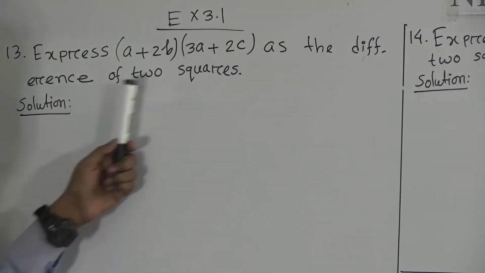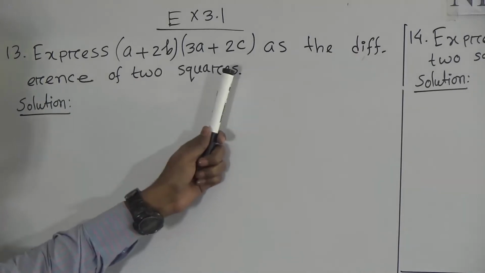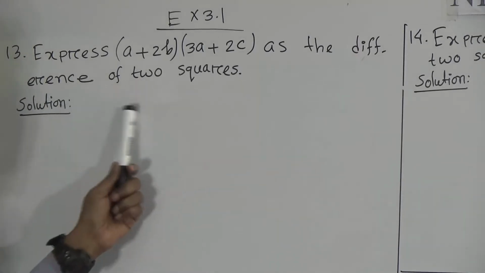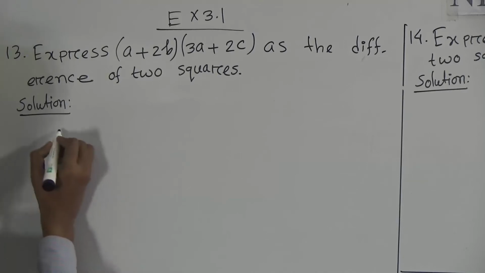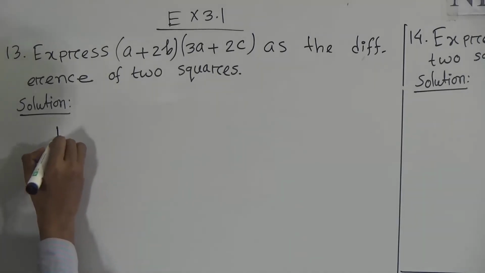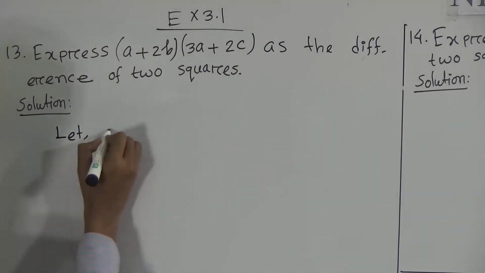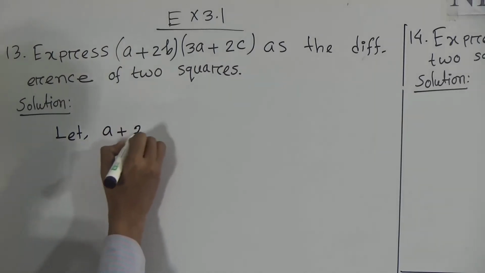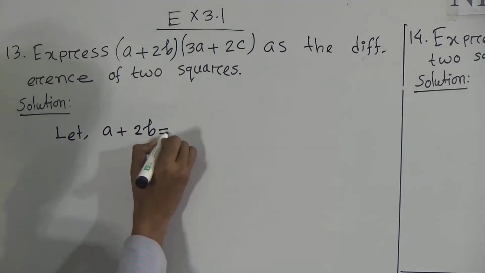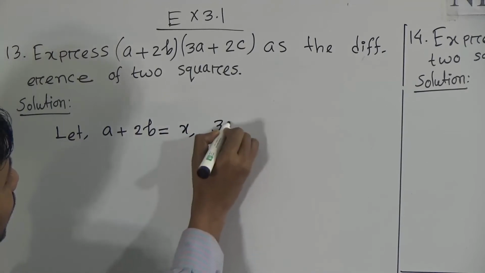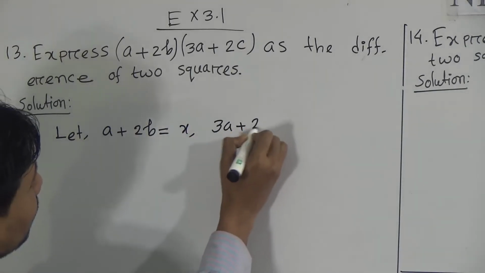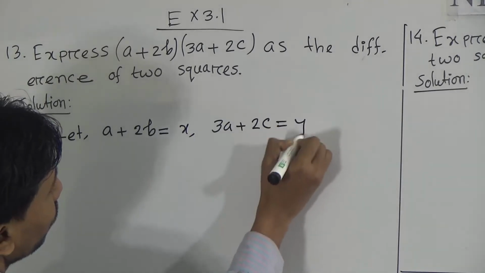Express (a plus 2b)(3a plus 2c) as the difference of two squares. Look, at first you write, let a plus 2b equal to x, and 3a plus 2c equal to y.